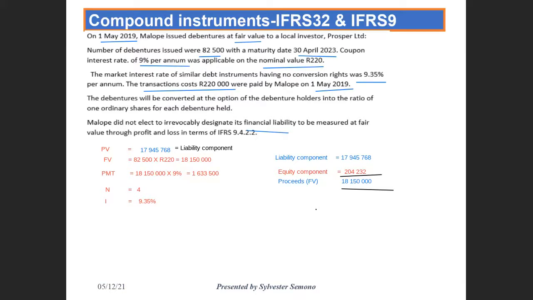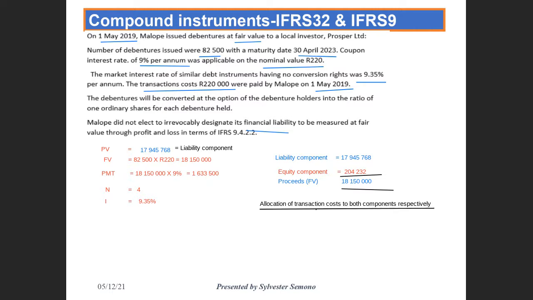So let me put a heading here: allocation of transaction costs to both components respectively. So I'm going to show you how to allocate those transaction costs.